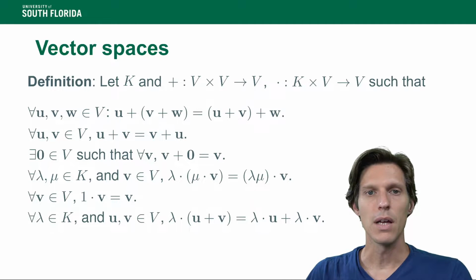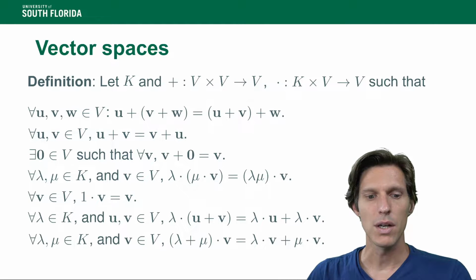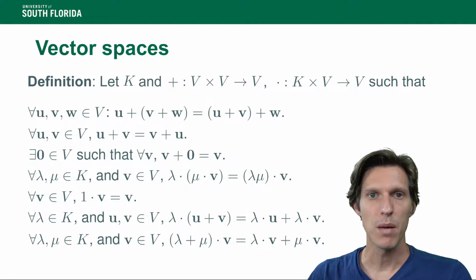And we have a distributivity of the multiplication over the addition, so lambda times (u plus v) is lambda u plus lambda v, and the same on the other hand as well: (lambda plus mu) times v is lambda v plus mu v.